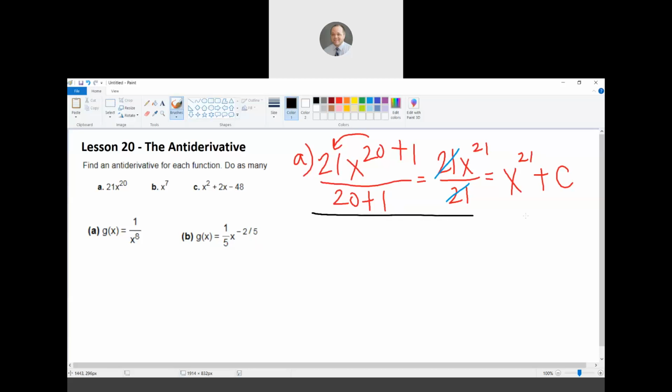Part B, question B. We need to find the antiderivative of x to the 7th power. Again, instead of subtracting 1 from the original exponent, we will actually add 1.